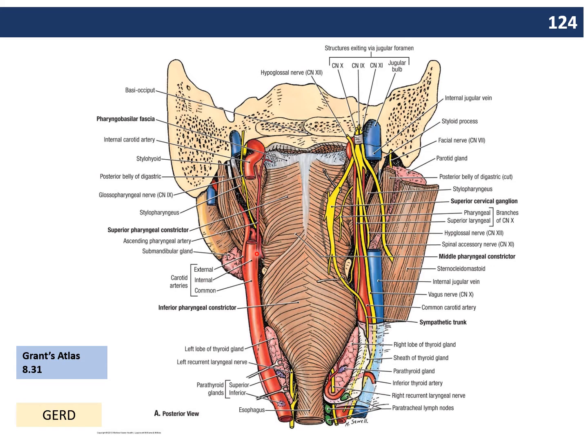The ascending pharyngeal artery is shown here, and it is often assisted by the facial and lingual arteries, which may also provide some branches to the superior and middle pharyngeal constrictors.